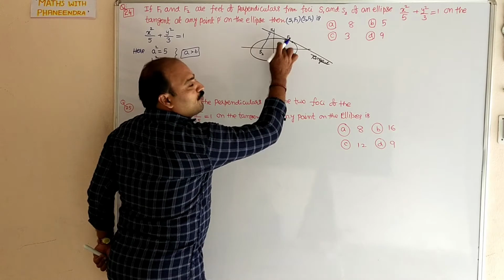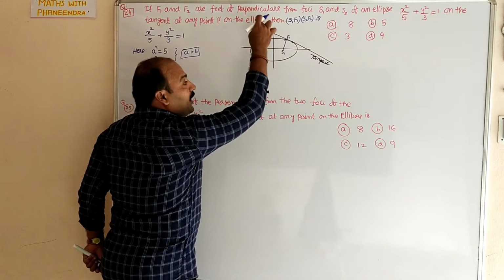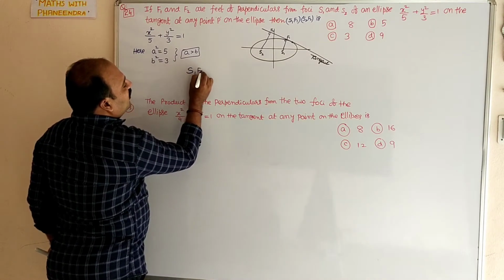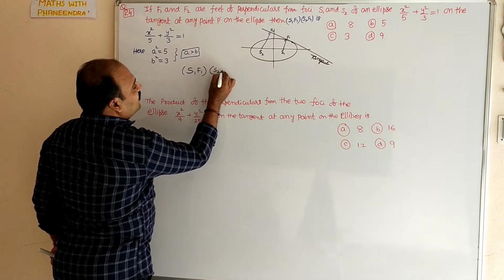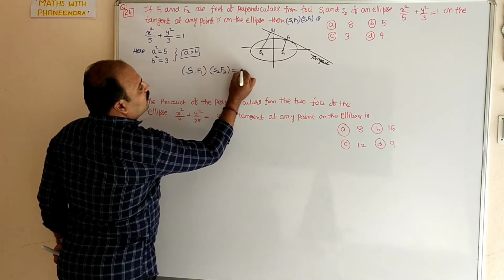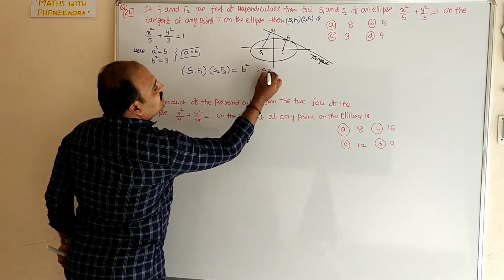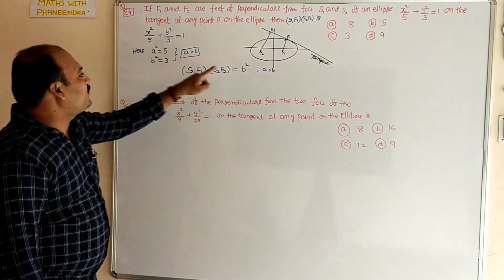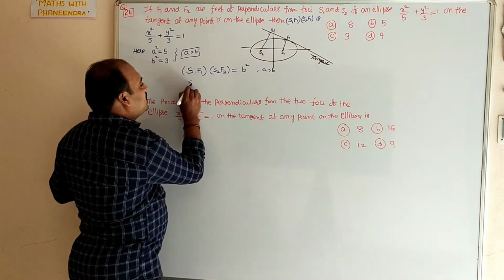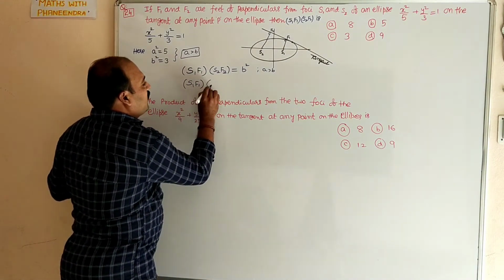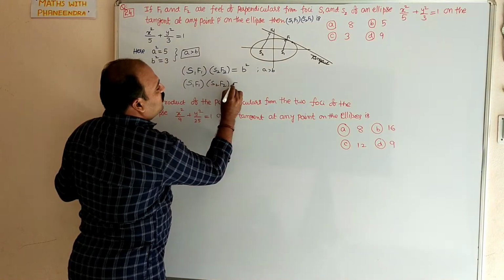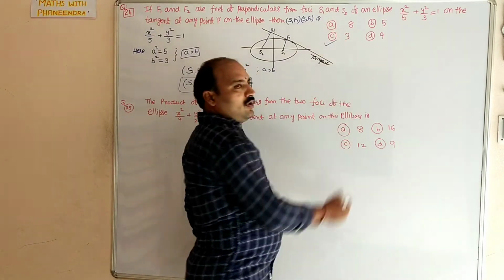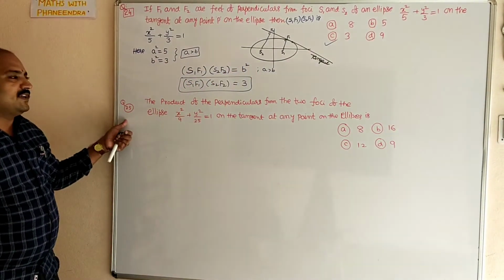The product of perpendiculars from foci to any tangent of the ellipse, S1F1 into S2F2, is equal to b square when a is greater than b. According to the given equation, a is greater than b. What is b square here? 3. So the answer is S1F1 into S2F2 equal to 3, which is in the third option.